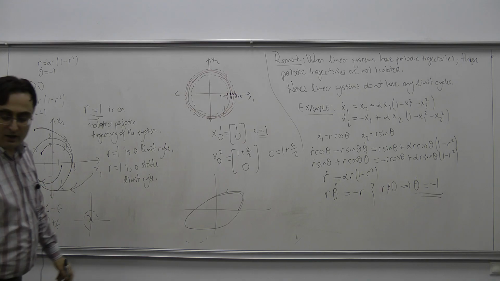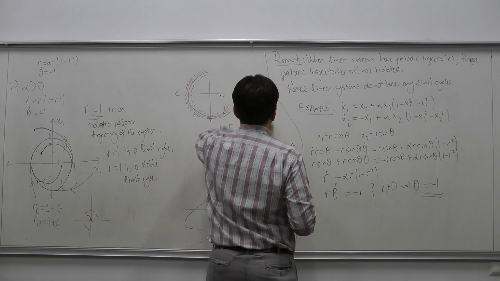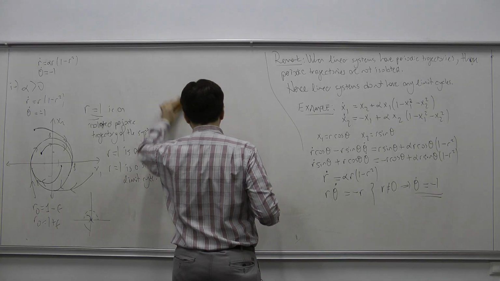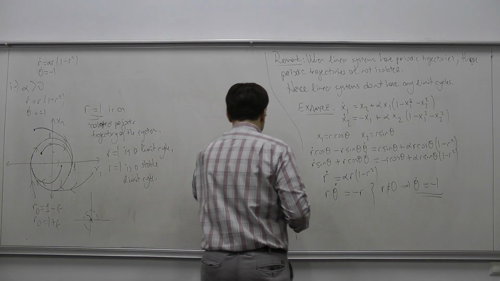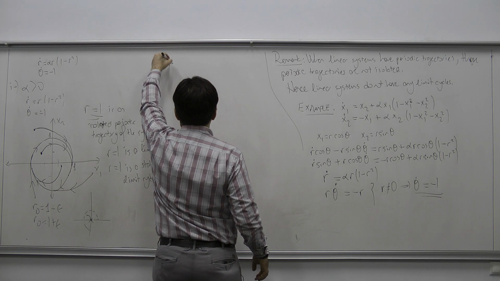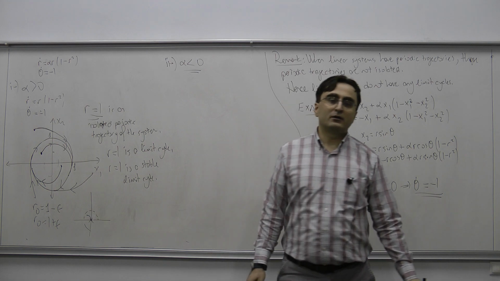So then what would an unstable limit cycle look like? Second case, alpha is smaller than 0.